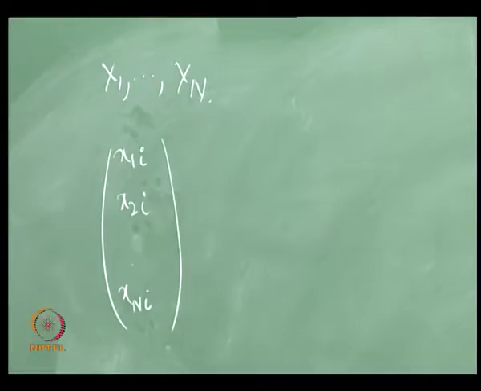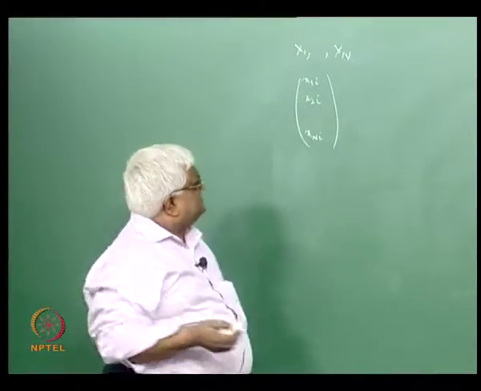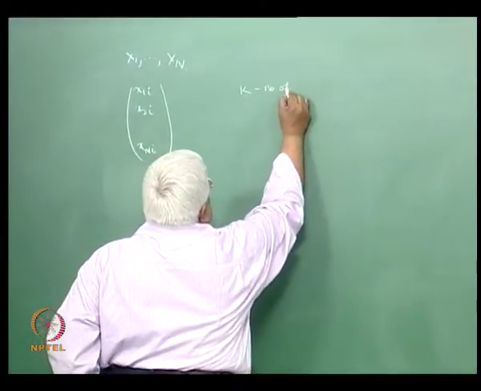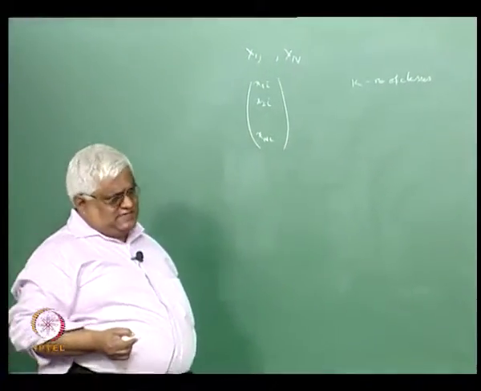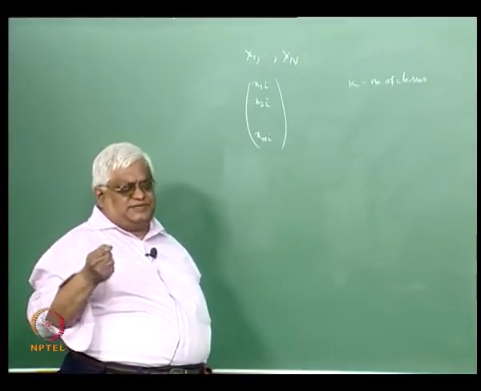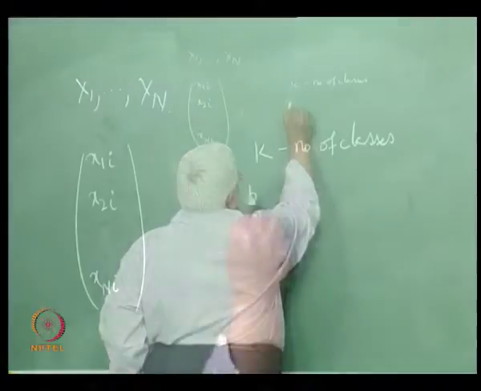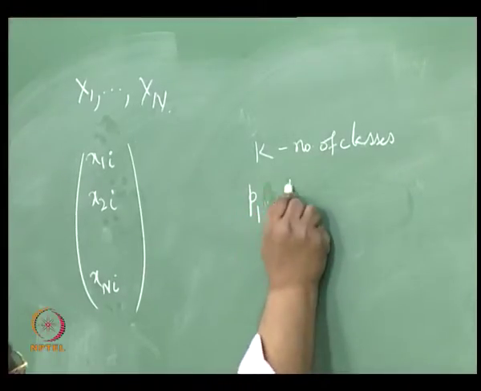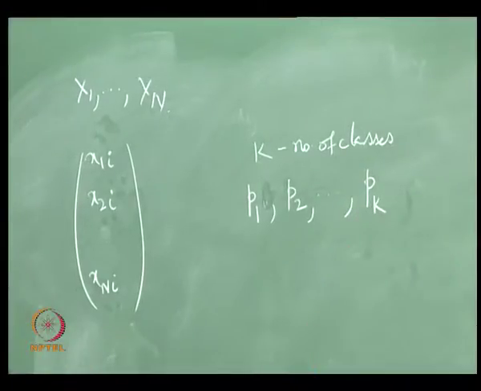Okay. Now, let us just say that there are k number of classes, the number of classes is k, and let us assume that we know the class conditional density functions, that is, for the first class it will be small p 1, for the second class small p 2, for the kth class small p k.